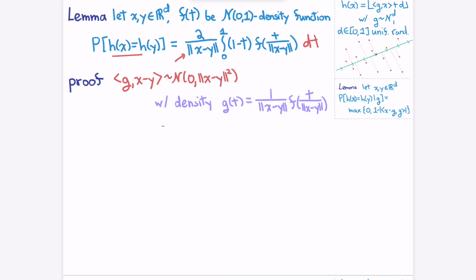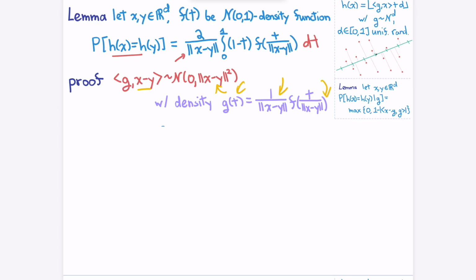All right. Okay, so I shouldn't have used G twice, but this projection, this will be a random sum of Gaussians, or sorry, it's a sum of Gaussians weighted by x minus y. And as such, it's another Gaussian. But the variance looks like this. Okay. And if you relate the density of a Gaussian with a particular variance to the density of a unit variance Gaussian, you'll get this kind of relationship: g of t is equal to 1 over the standard deviation, times f of t over the standard deviation.